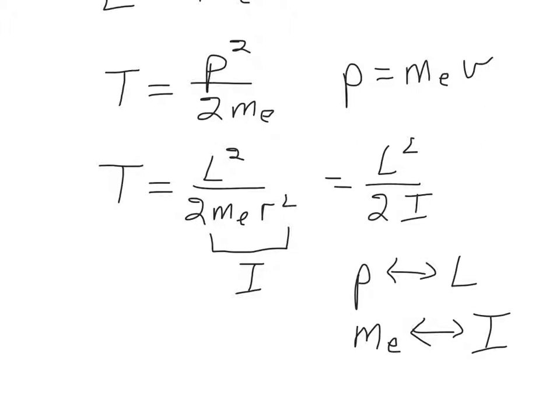So you can say the formula for kinetic energy is of exactly the same type, except with these substitutions, and it just depends on whether we are expressing the motion in terms of distance or in terms of angles, angular motion around the circle. So I think you probably should be familiar with this correspondence.